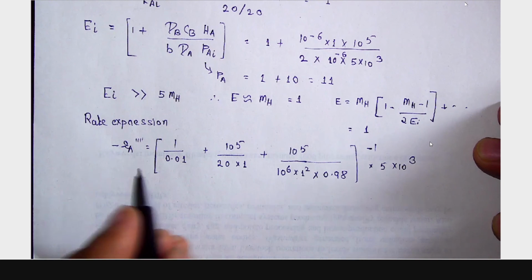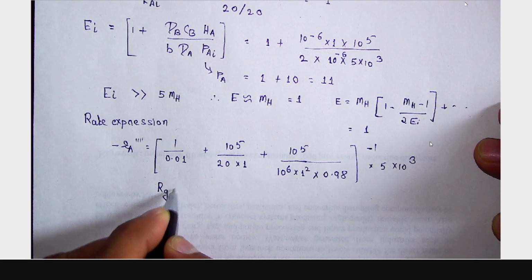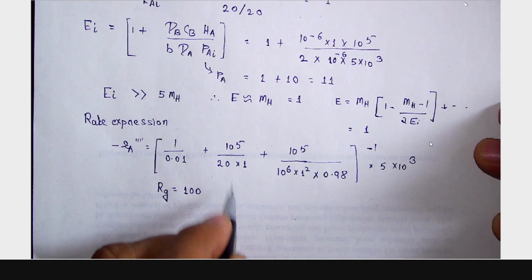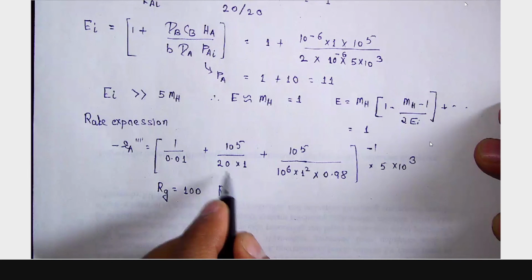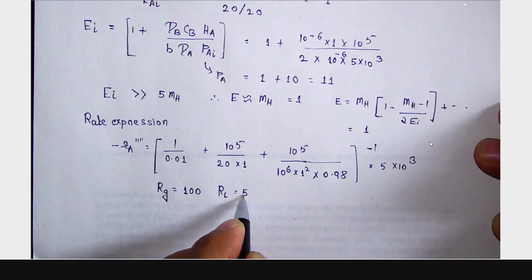From these you can see that the gas resistance RG is 100, and RL is 5000.